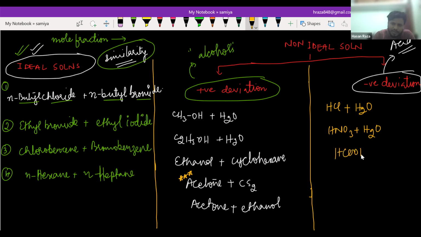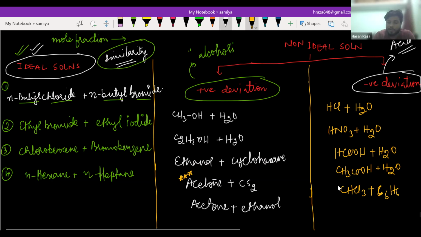HCOOH, methanoic acid plus water. Also CH3COOH, ethanoic acid plus water. CHCl3, chloroform plus benzene, C6H6. You have to remember it.